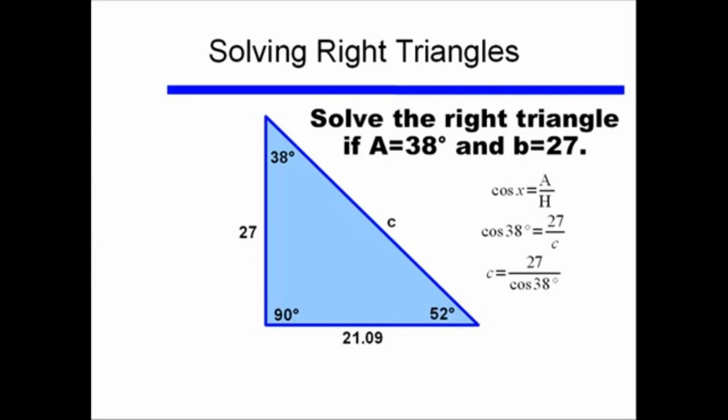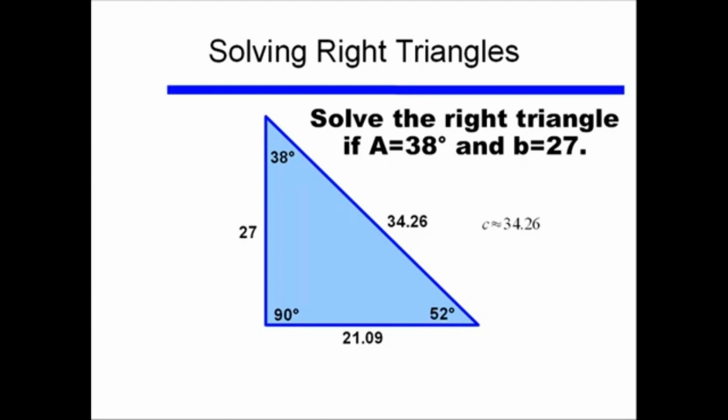Then cosine of 38 degrees is equal to the adjacent side, which is 27, divided by our unknown, which is length side c, or our hypotenuse. And if I plug this into my calculator after cross-multiplying, I find out that length of that side c is equal to approximately 34.26.